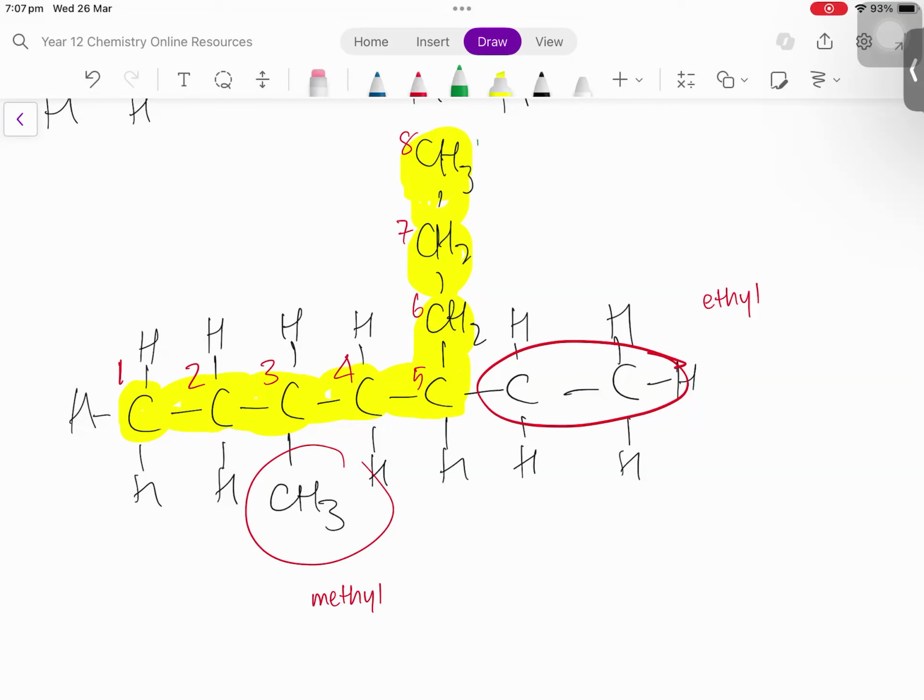All right. And then other way, starting from the top. All right, have a look at it the red way, starting from the left. What carbons are my methyl and ethyl bonded to in the red?